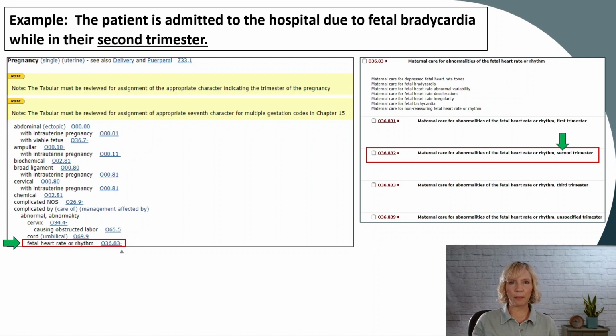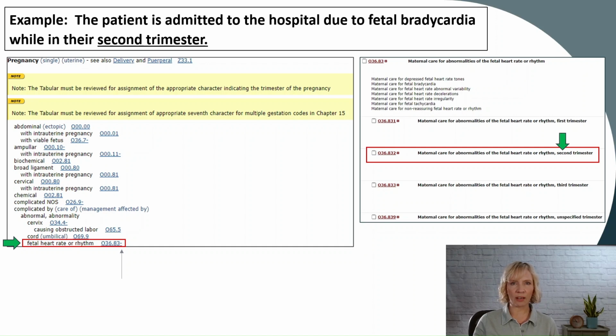For example, when a patient is admitted to the hospital due to fetal bradycardia during their second trimester, begin by referencing the alphabetic index main term pregnancy, followed by the subterm complicated by, and then fetal heart rate or rhythm, which leads us to code O36.83-. The code in the alphabetic index ends with a dash, indicating that O36.83 is not a complete code.